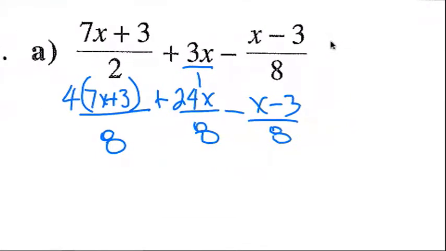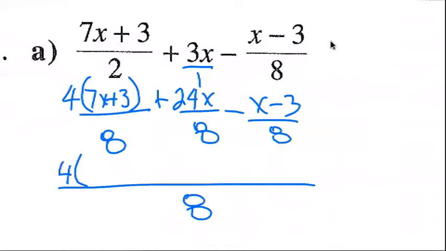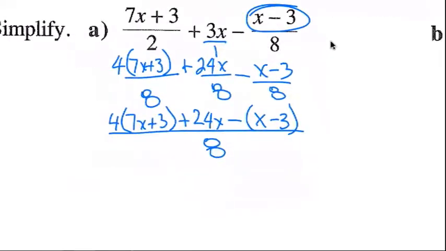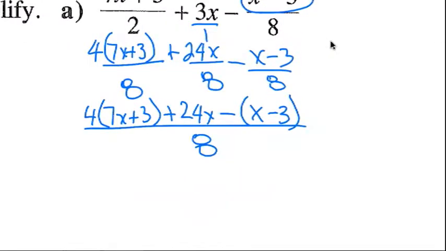Now I can write one common denominator, and I can go 4 times (7x plus 3) plus 24x minus bracket, I'm putting this in brackets, (x minus 3). You're subtracting this whole thing, so you've got to throw that in a bracket. If you don't put that in the bracket, you're going to end up with the incorrect answer.